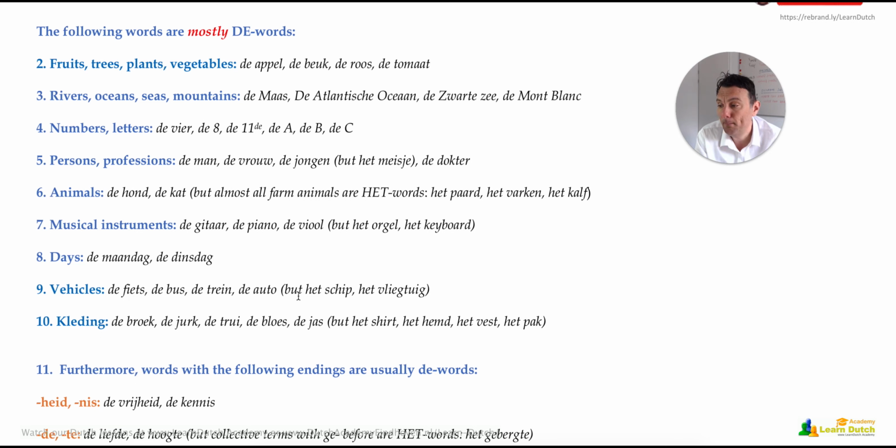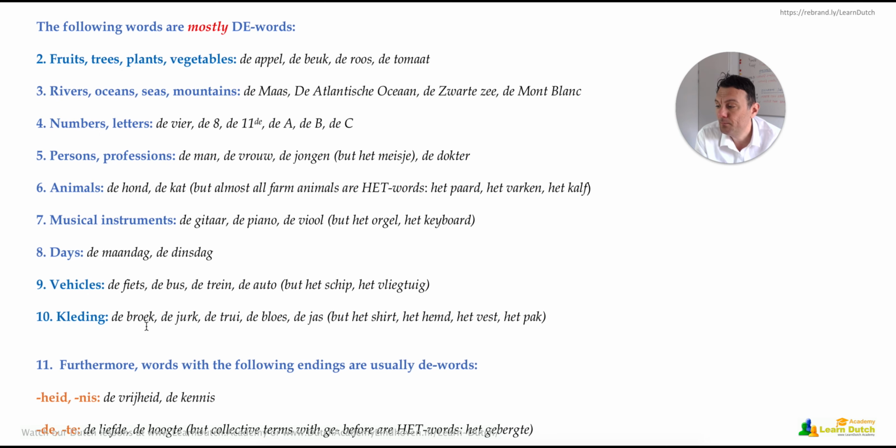Most of them. But het schip, het vliegtuig, plane. Kleding. De broek, de jurk, de trui, de blouse, de jas. But het shirt, het hemd, which I'm wearing right now, en het vest en het pak.